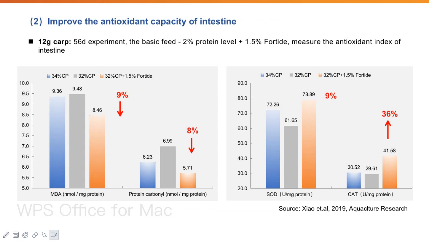On the other hand, because Fortide is rich in antioxidant active peptides, it can significantly enhance the antioxidant capacity of the intestine. This is proved in this experiment by the decreased content of the oxidation products of the intestine, MDA and protein carbonyl, and the increase in the activity of the antioxidant enzyme.